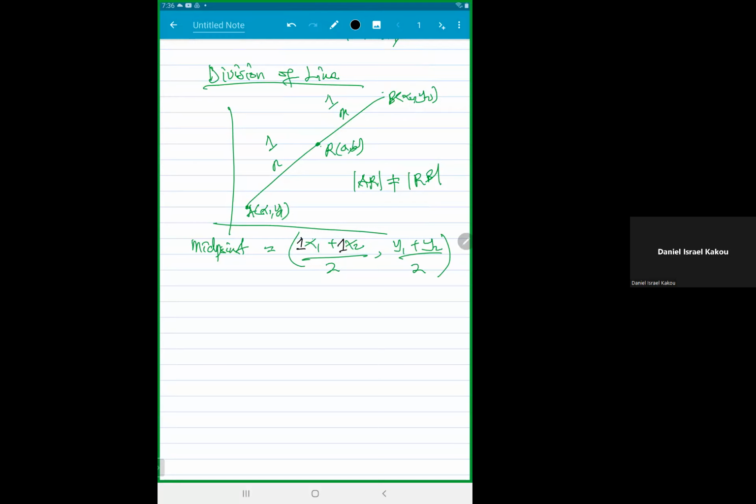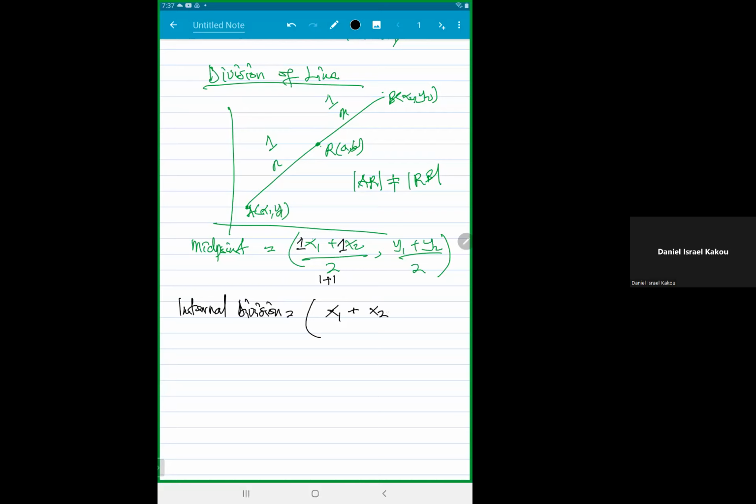And this 2 here was the summation of 1 plus 1. So that means, in other words, I could generate the internal division formula as, now let me repeat the x1 and the x2, x1 plus x2, right?